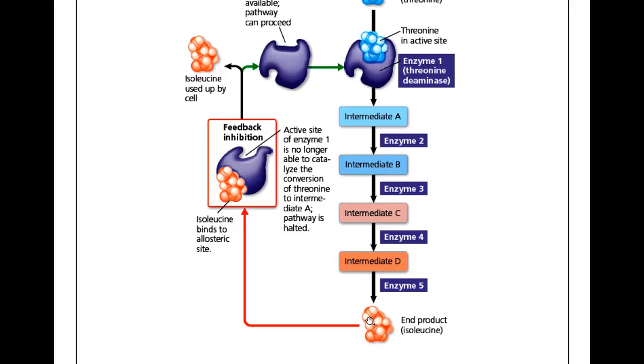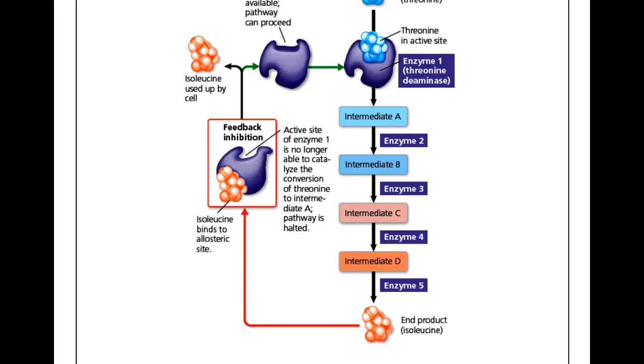As I told you, you don't need the substrate or isoleucine in your syllabus. Now, who is the end product of this pathway? Isoleucine. It is binding with enzyme 1 as an inhibitor.